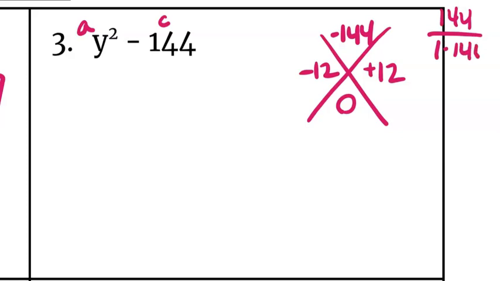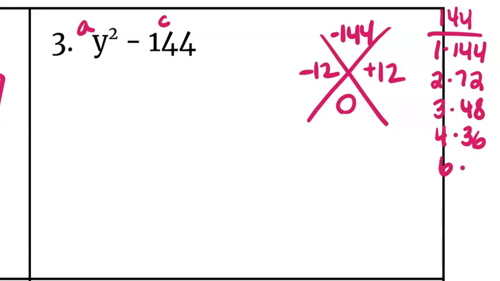So you'd start with 1 and 144, 2 times 72, 3 times 48, 4 times 36, 5 doesn't work, 6 times 24, 7 doesn't work, 8 will work, it'll be 8 times 18, 9 won't work, 10 won't work, 11 won't work, and then you get 12 times 12.